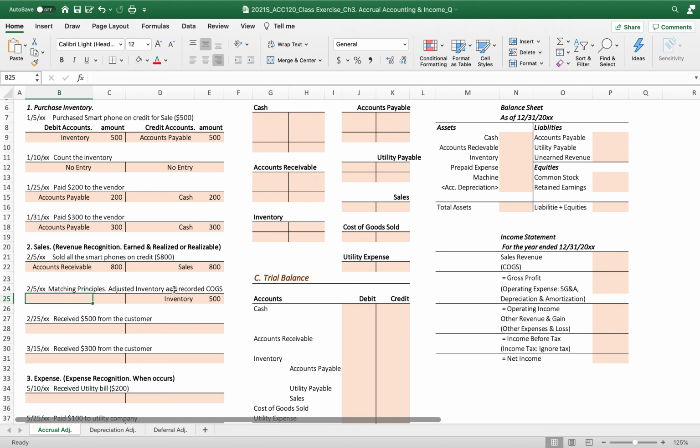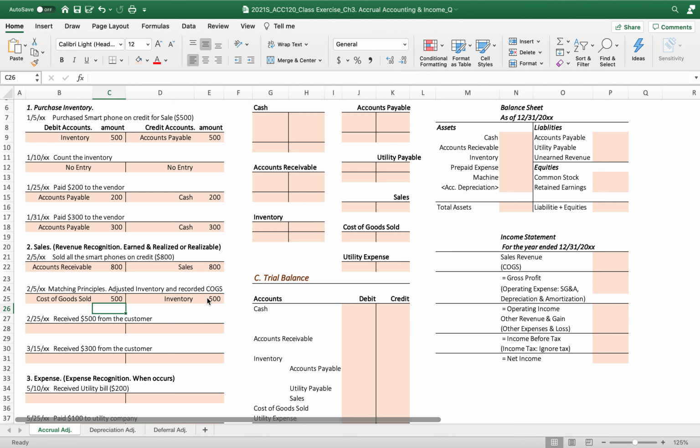And then once the company recognized sales, cost of goods sold, which is an income statement account, should be recorded. How much was that? The same, 500. Inventory cost is the cost of goods sold. Inventory value is the value before selling that is recorded on the balance sheet. Now this inventory is sold.